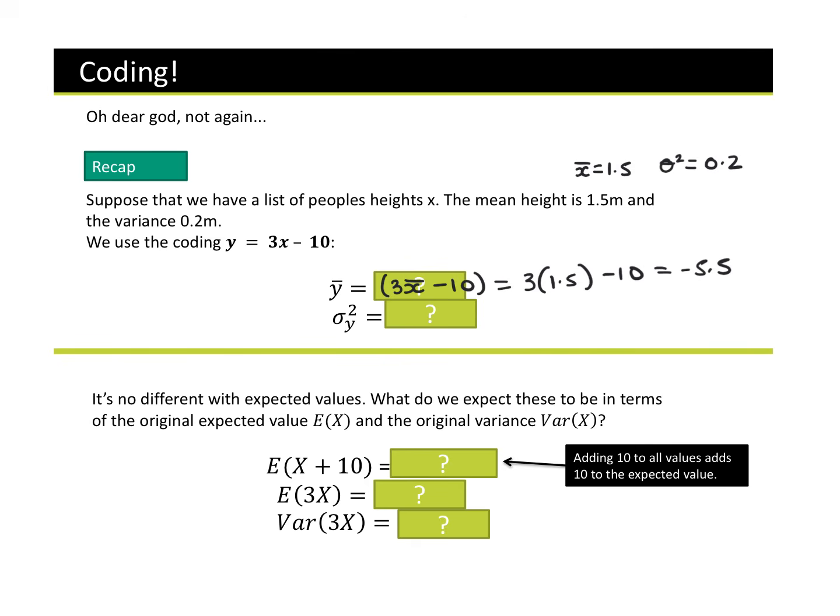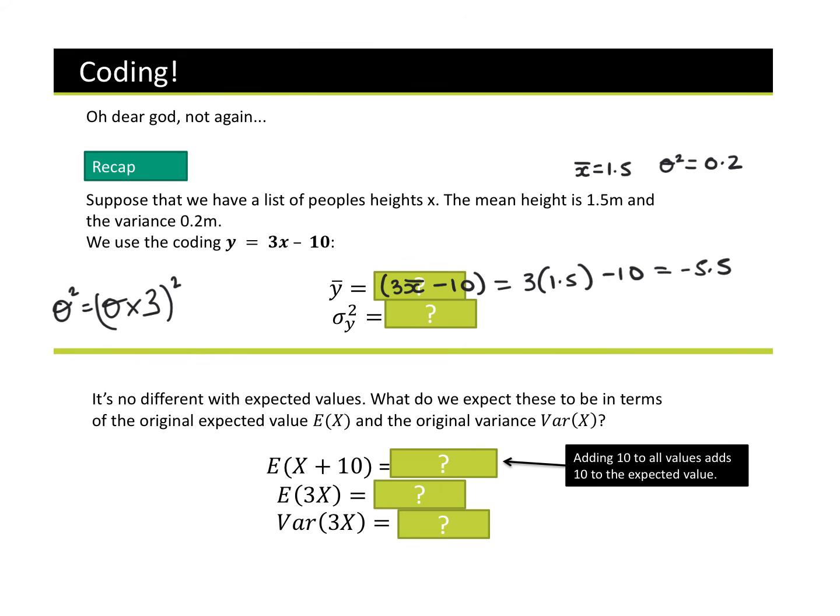So when we're looking at how it affects it, normally when we were doing standard deviation, we would just multiply it by, in this case, 3. But because the variance is the standard deviation squared, to find the variance we would have to square all of this.